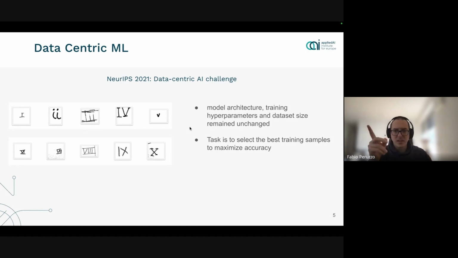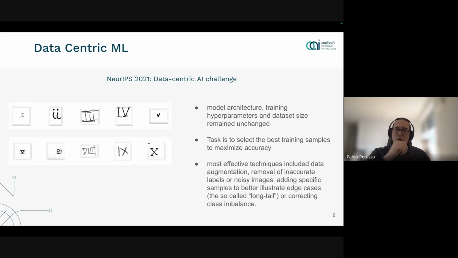The task, which I didn't mention, was to build a classifier to predict Roman numerals, like the ones that we see here. So we have 1, 2, 3, 4, 5, 6, 7, 8, 10, right? And the dataset was very noisy, as you can see. Some of them are cut, some of them are just very, very noisy.